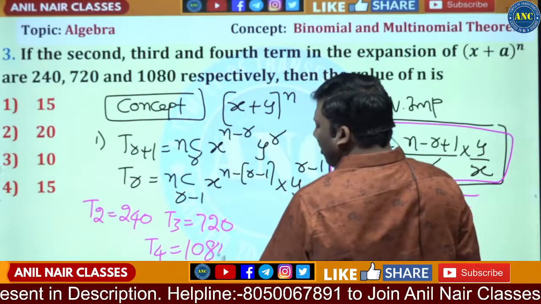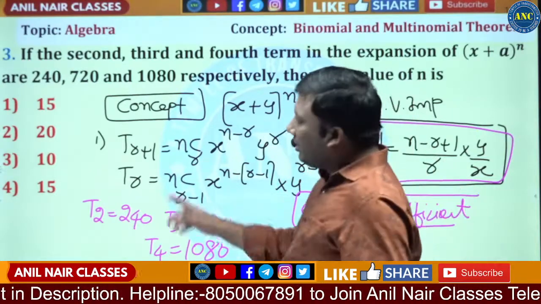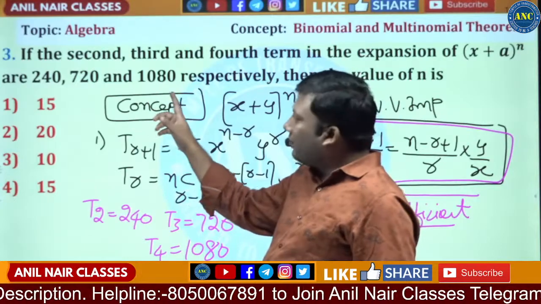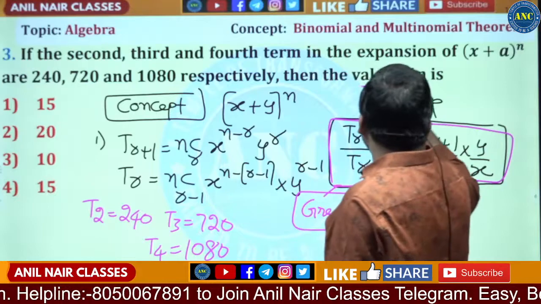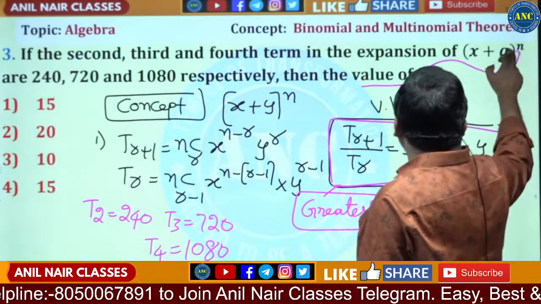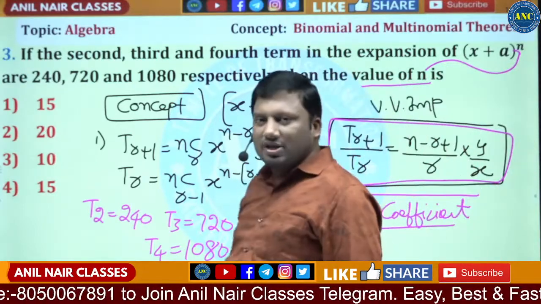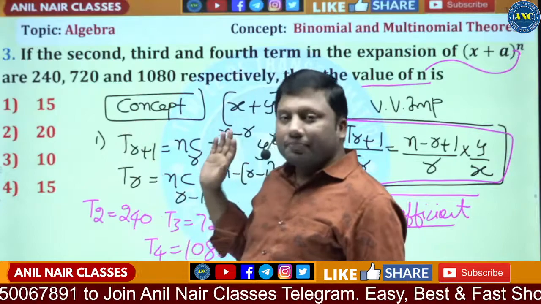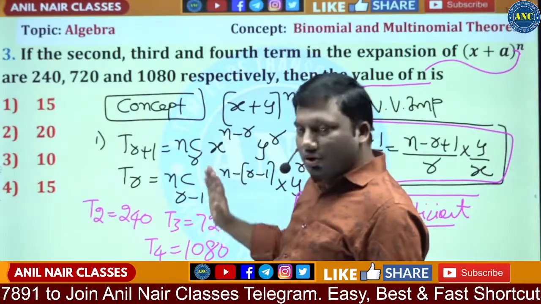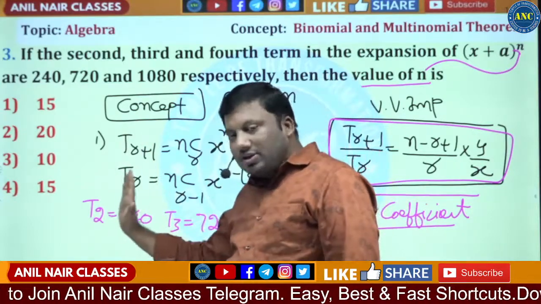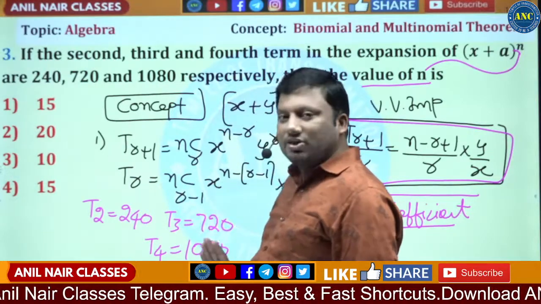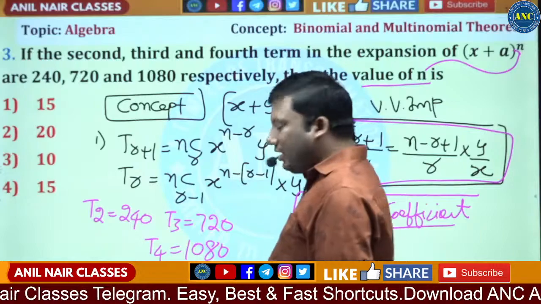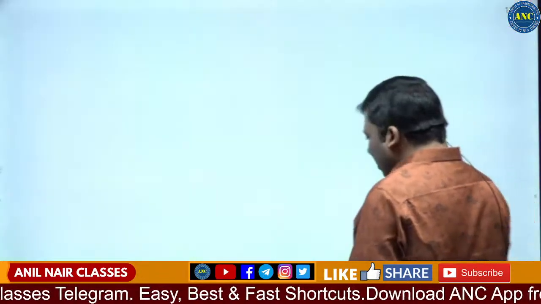In some binomial expansion, what is the value of this power? We do not know the value of n. We need to find it. T2 value is 240, T3 value is 720 and T4 value is 1080.